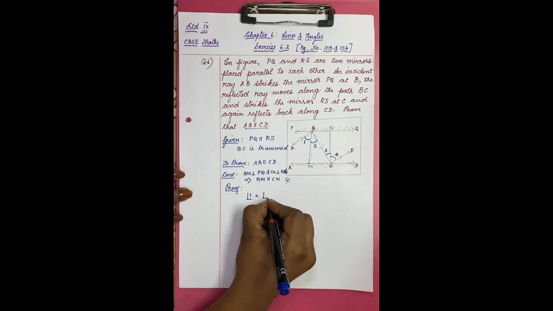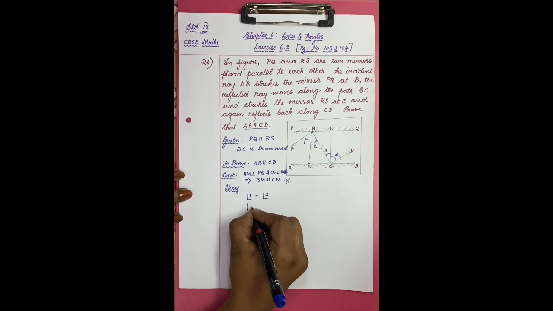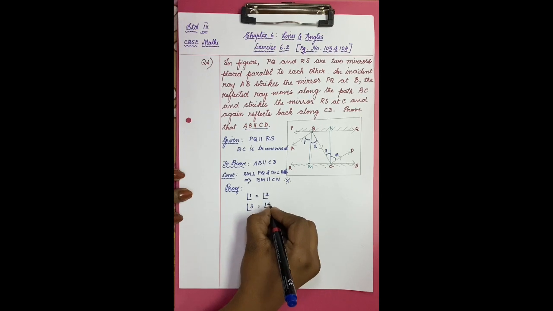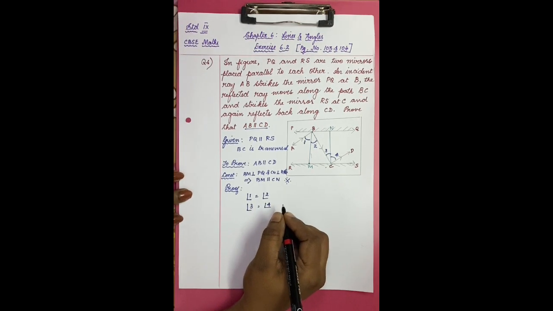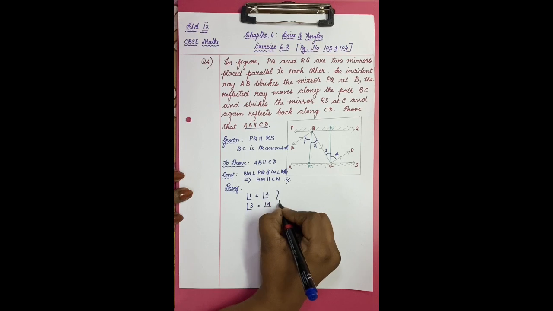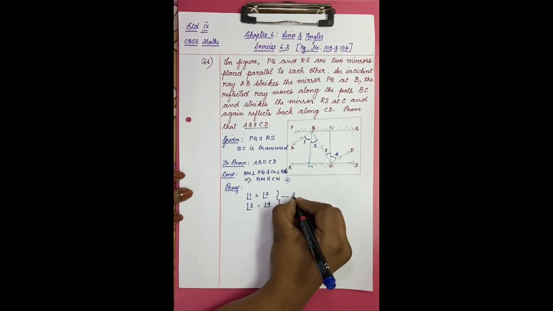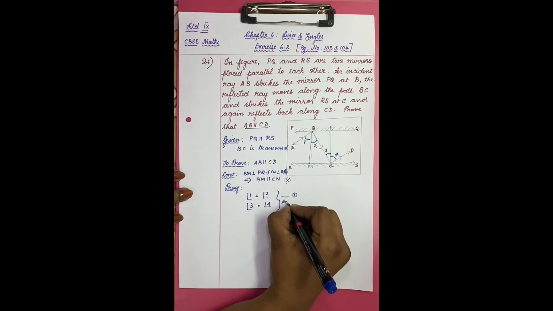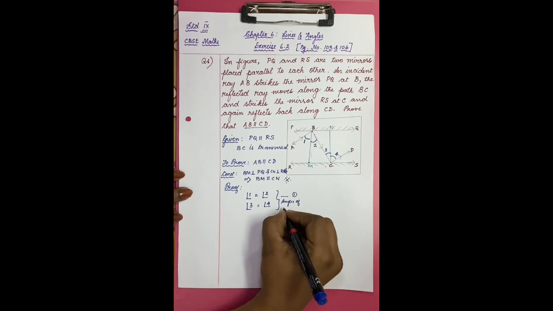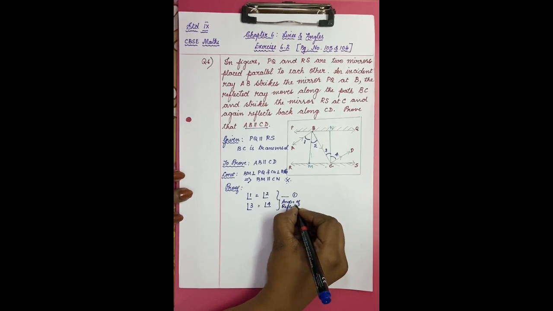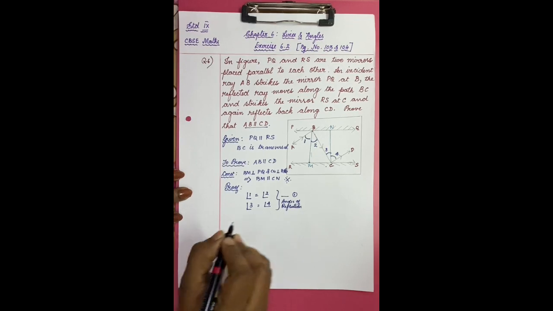Angle 1 is equal to angle 2 and angle 3 is also equal to angle 4. This is because they are angles of reflection, which are equal. Both we will consider as equation 1. This you would have learnt in your physics.